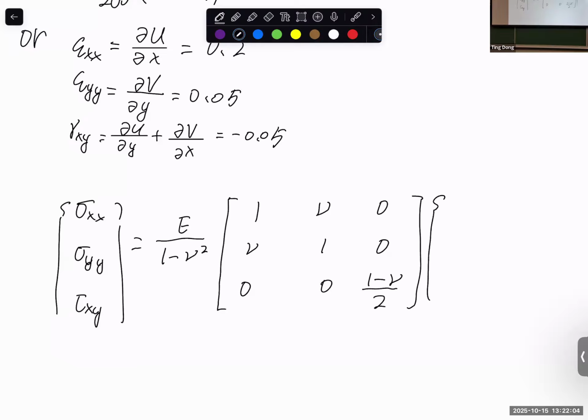And this vector, of course, is the 3 strain components. Looks familiar?